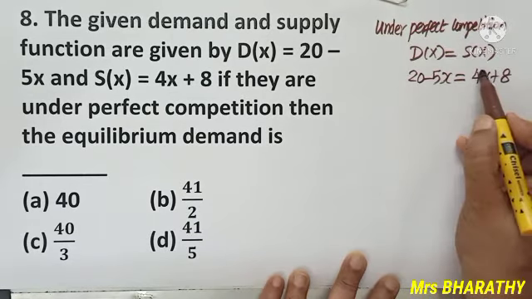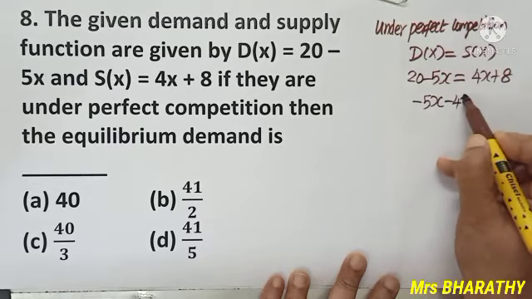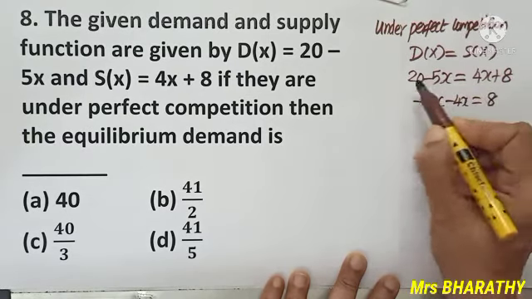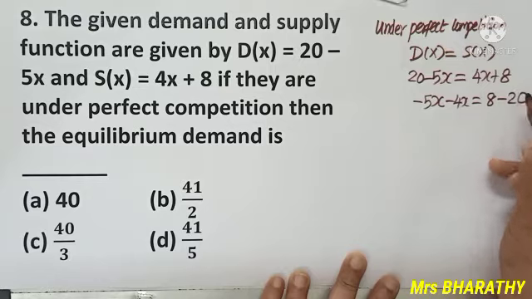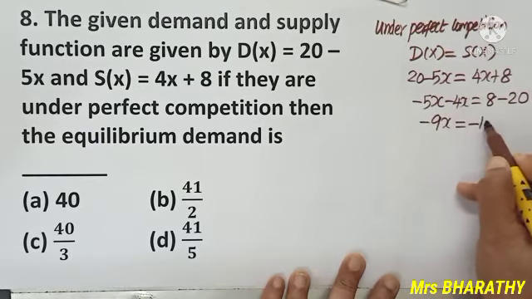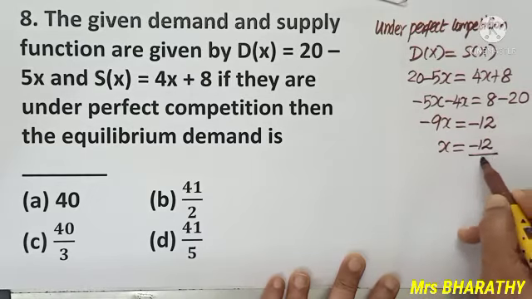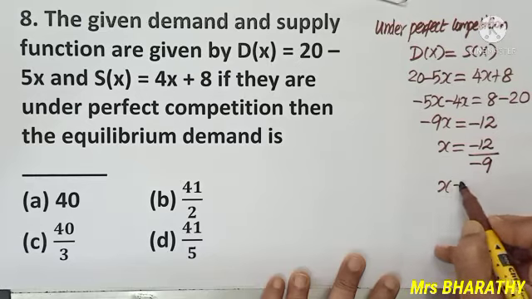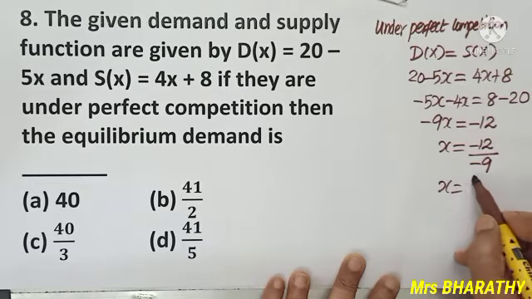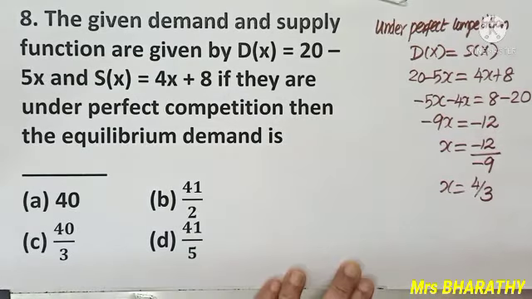As we try to simplify, bring 4x to the left, minus 5x minus 4x. 8 minus 20 goes as minus 12. Minus 9x is minus 12, or x is equal to minus 12 by minus 9. Cancelling 3 table, it reduces to 4 by 3.